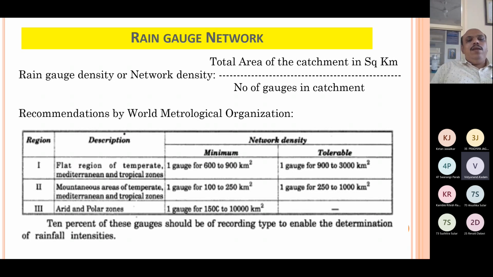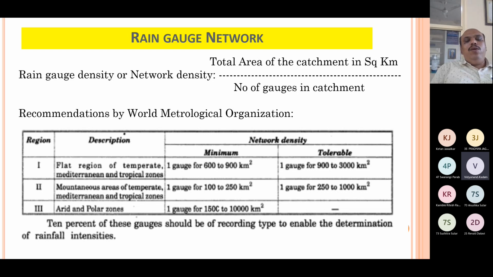Region 1 is given to flat regions of temperate, Mediterranean or tropical zones, and in that case the suggested minimum network density required is 1 gauge for 600 to 900 square kilometer.